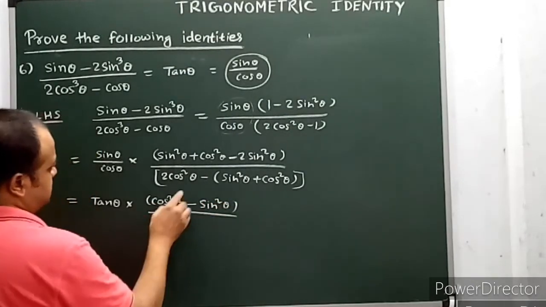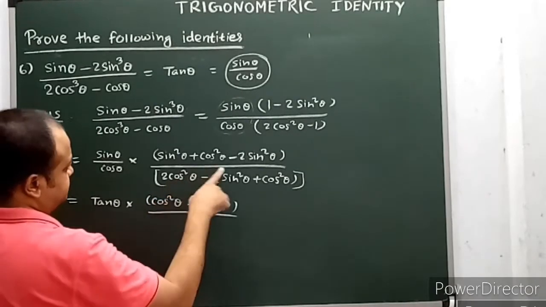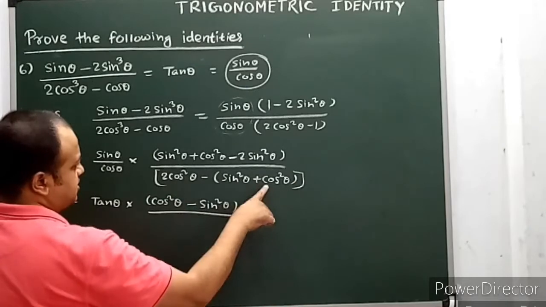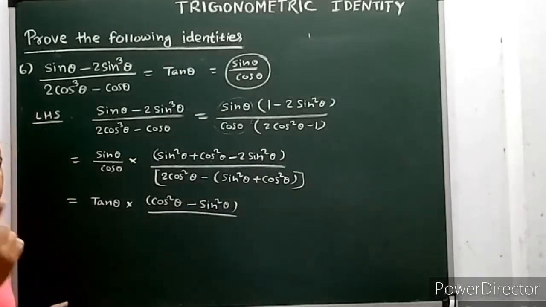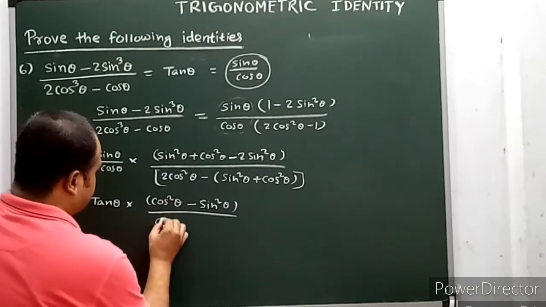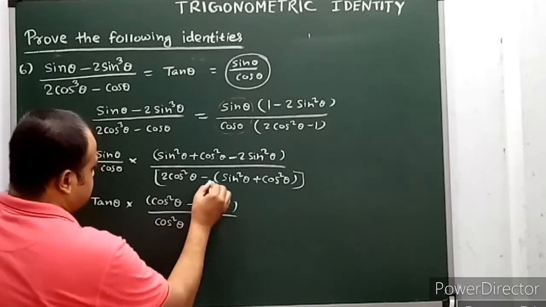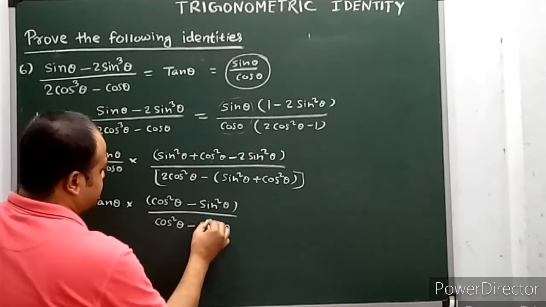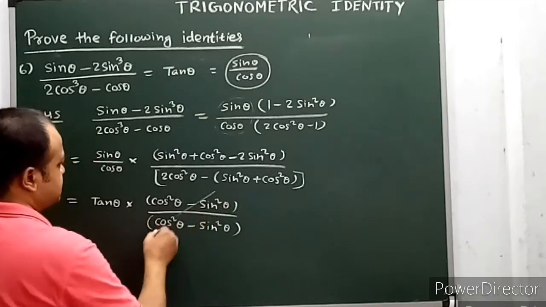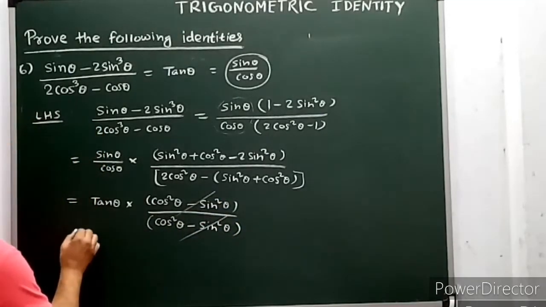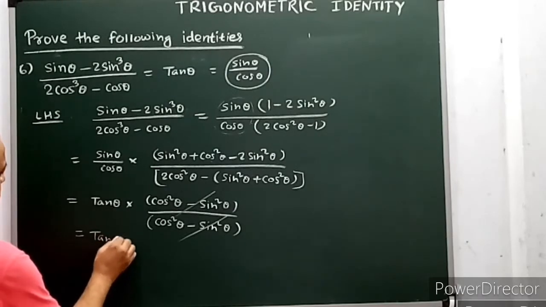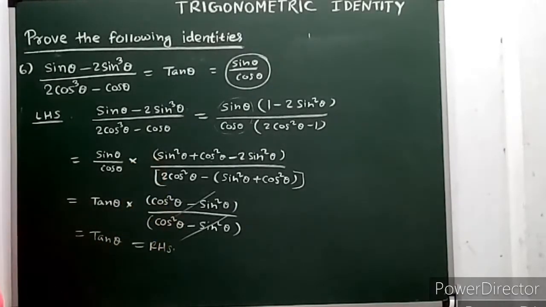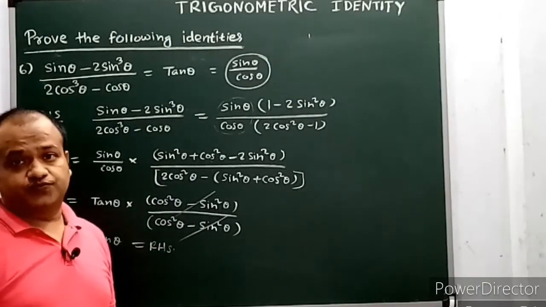Similarly here, 2 cos square theta minus sin square theta minus cos square theta, means 2 cos square theta minus cos square theta, you are getting cos square theta, and this one minus sin square theta. The cos square theta minus sin square theta gets cancelled out, you are left with tan theta, and this is your RHS. So hence it is proved.